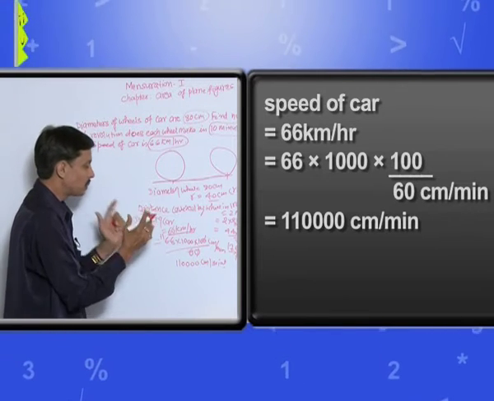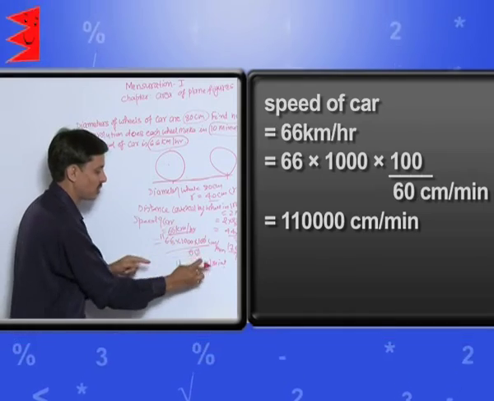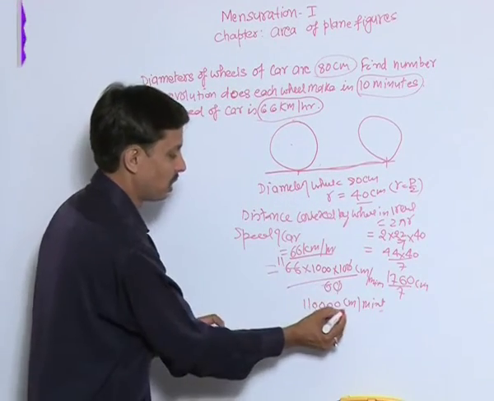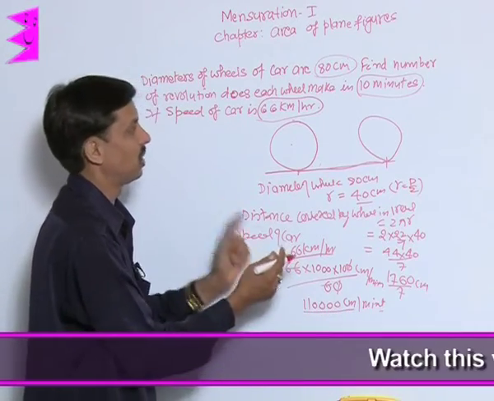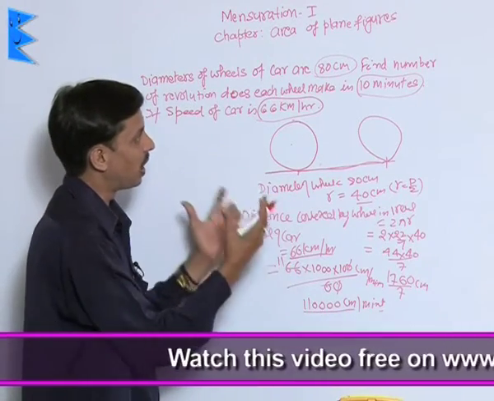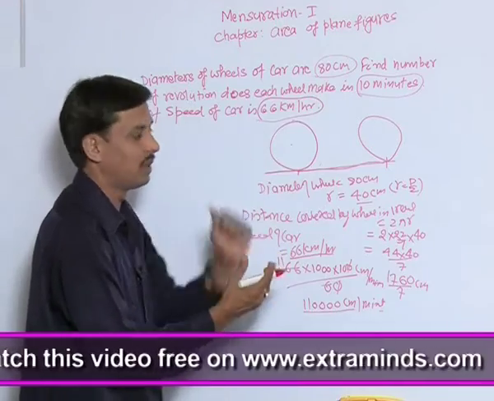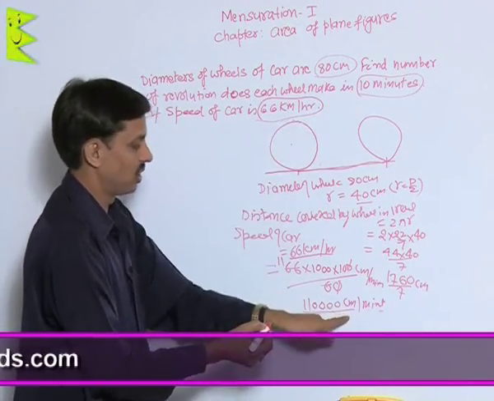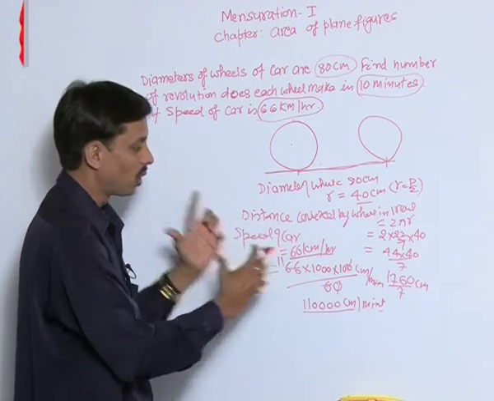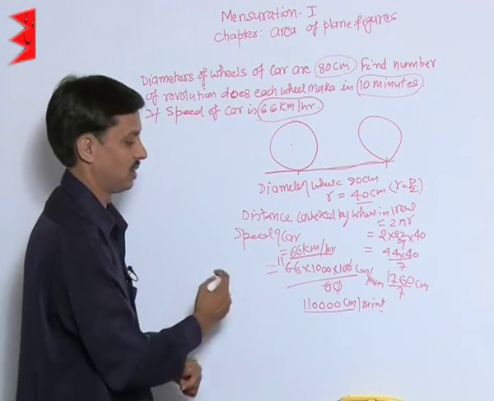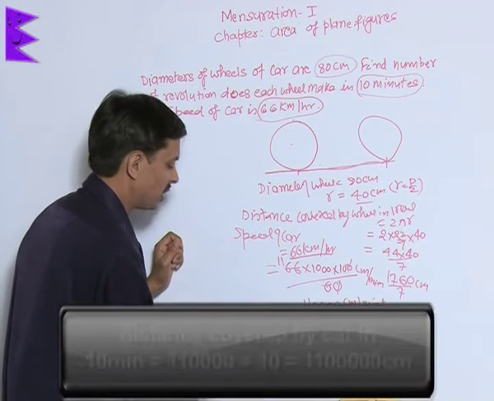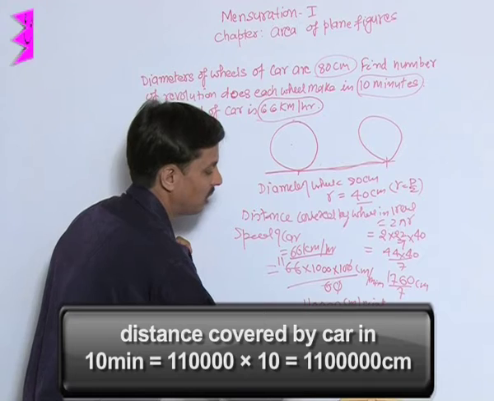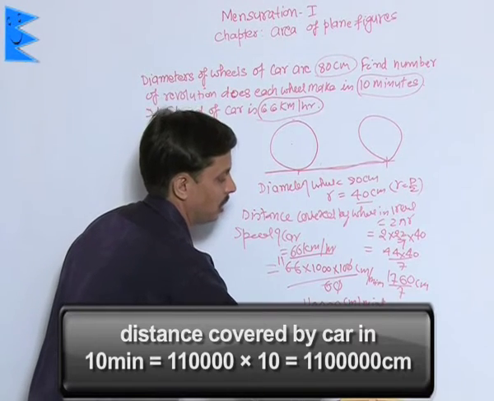So in 1 minute this much centimeter is the distance traveled by the car. The question is how many revolutions it will make in 10 minutes. This distance is of 1 minute, so if I multiply it by 10, I will get the total distance traveled by the car in 10 minutes.